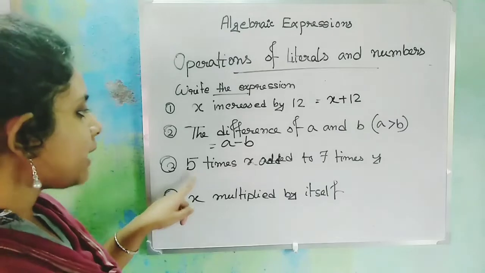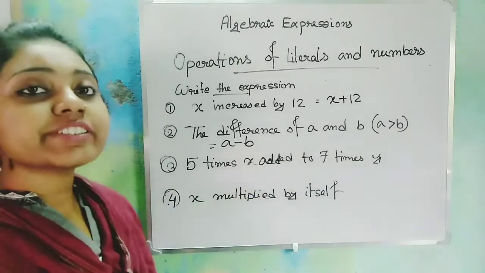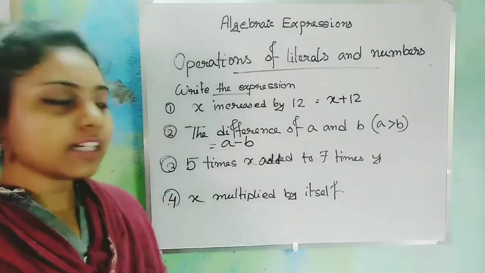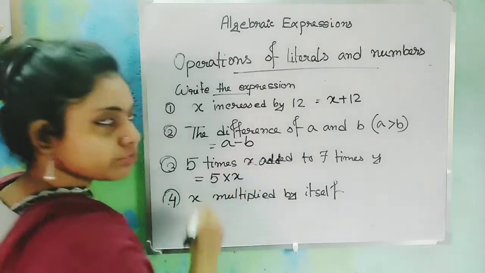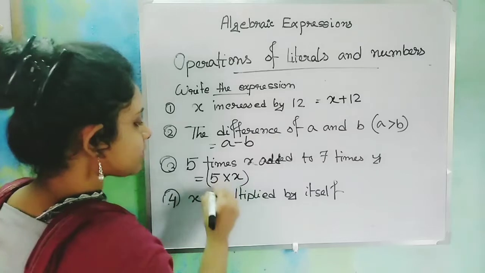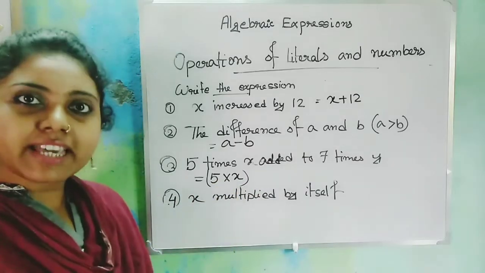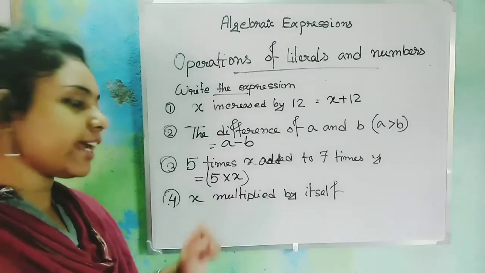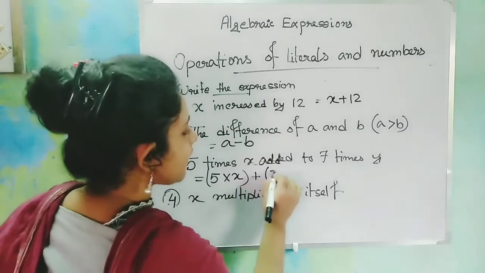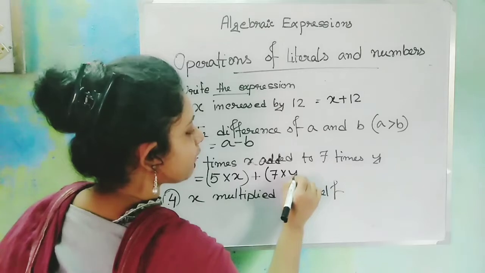Next, 5 times x added to 7 times y. 5 times x means 5 into x, that is x plus x plus x plus x plus x. So 5 times x means 5 into x plus 7 times y, that is 7 into y.